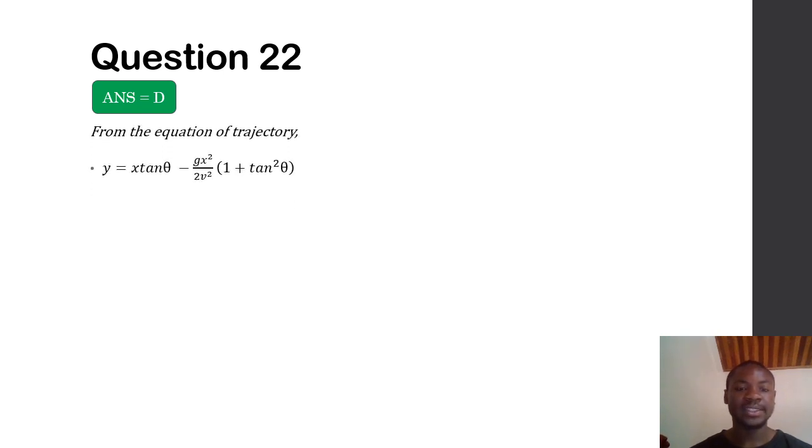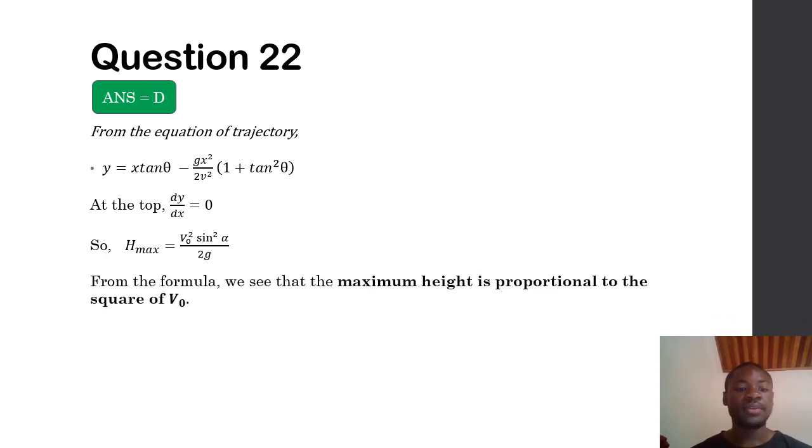Question 22. The answer is D. From the equation of trajectory, at the top where dy/dx is equal to 0, we have h max equal to v0 squared times sine squared alpha divided by 2g. From the formula, we see that the maximum height is proportional to the square of v0.